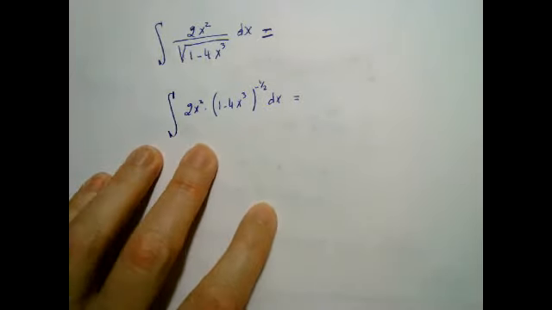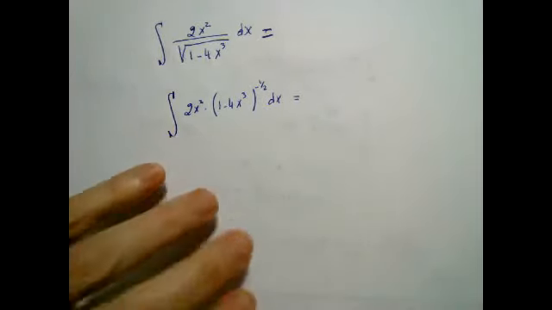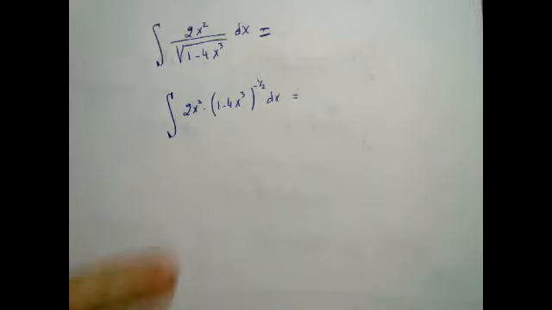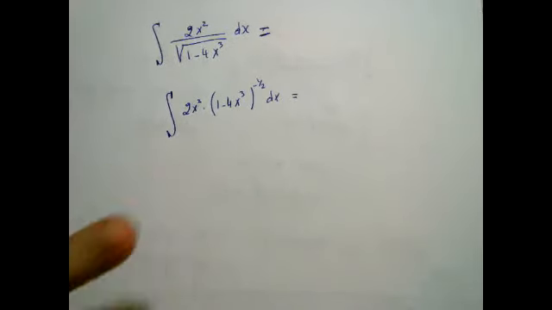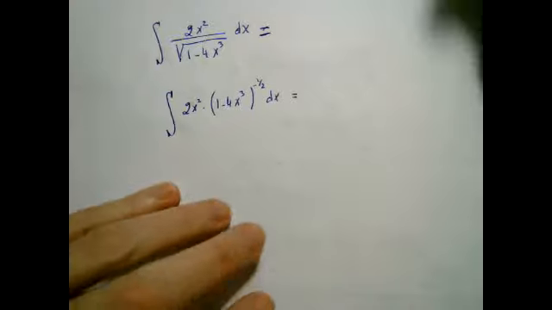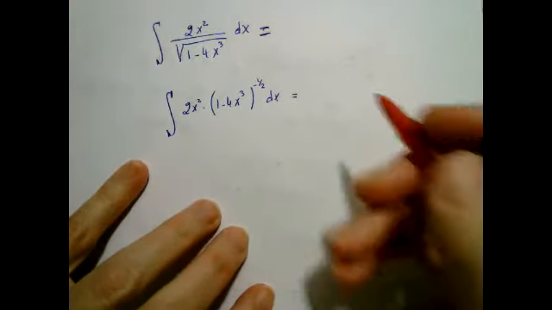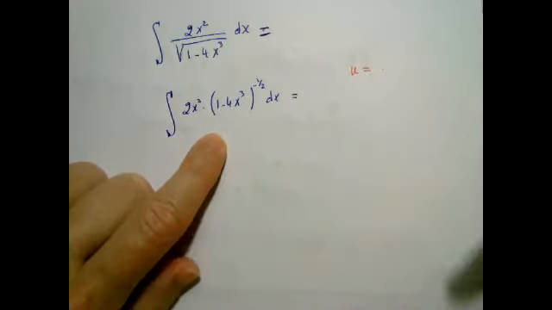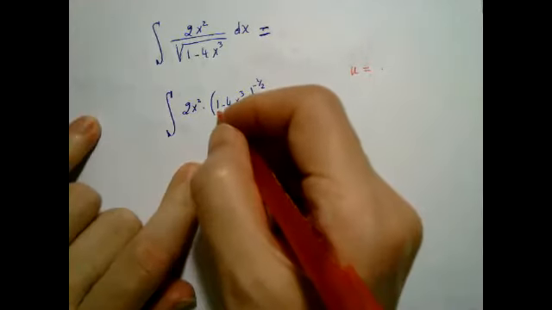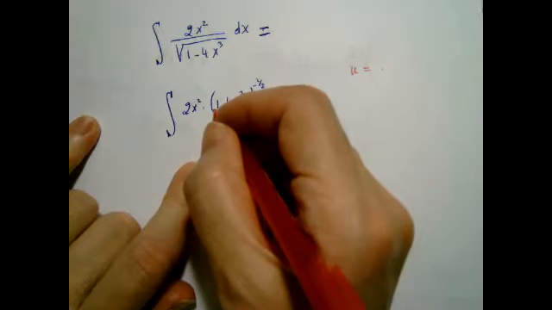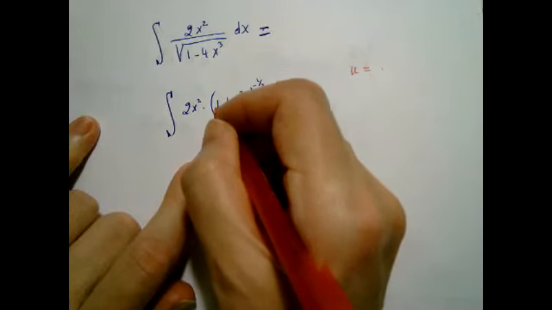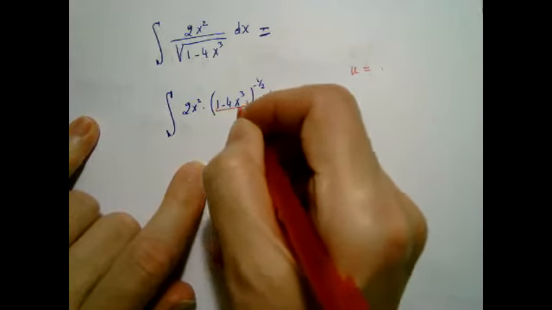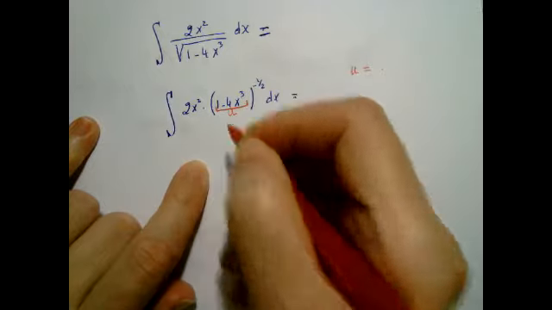Do we have an inside, and the derivative of the inside is also part of the integral up to a constant? There is always a constant that we don't worry about. So what is going to be my u? What is my inside here? Quickly, guys.